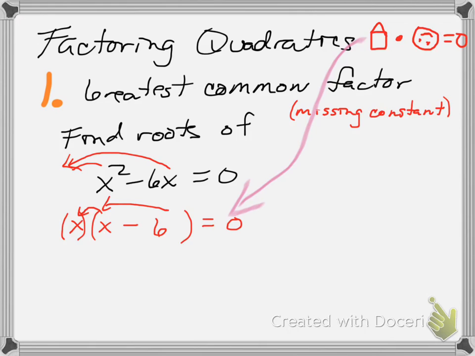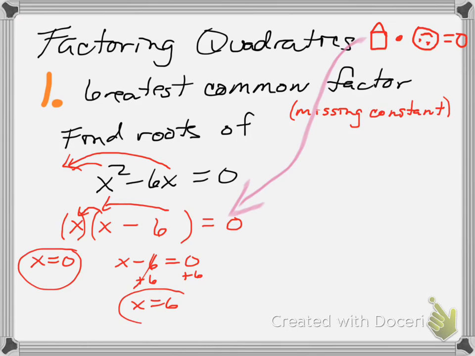So we set each of those equal to 0. We set x equal to 0, and we set x minus 6 equal to 0, and we get the x by itself for each one. The x equals 0 is already done. On the x minus 6, we simply add the 6 to the other side, and we get 0 and 6.